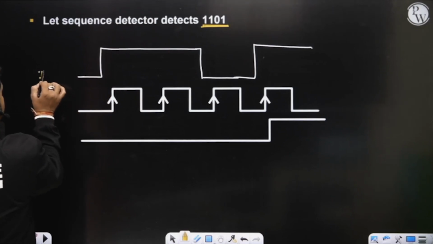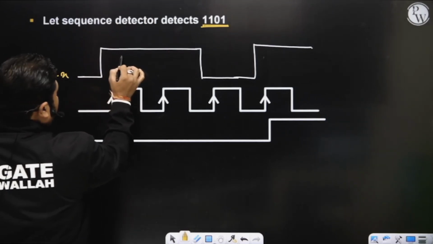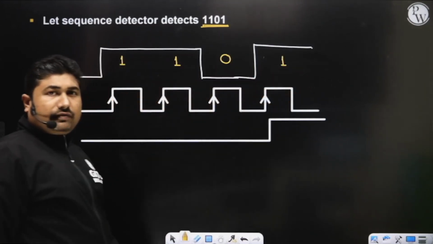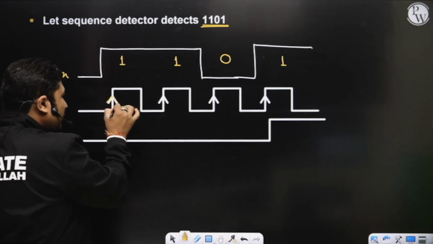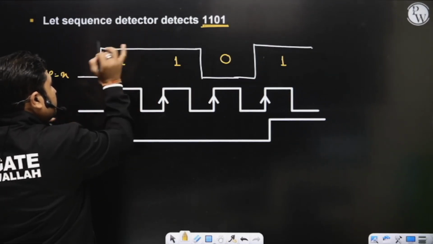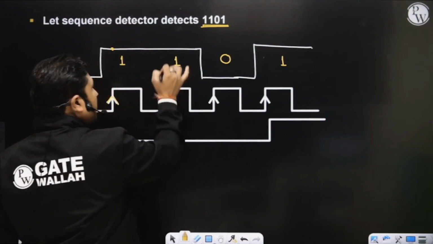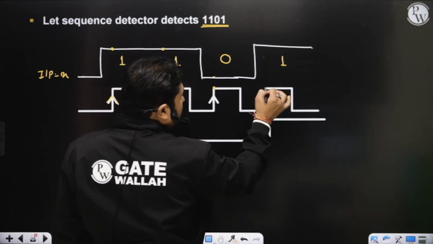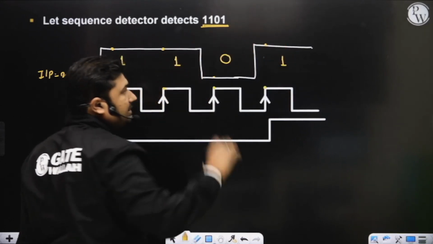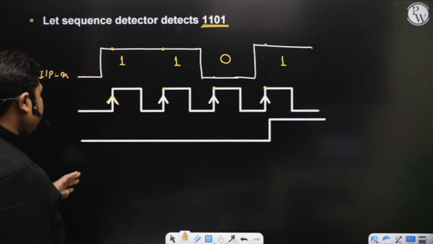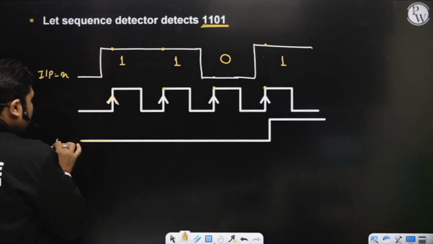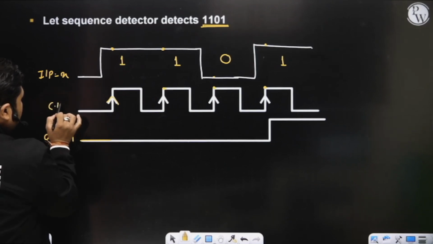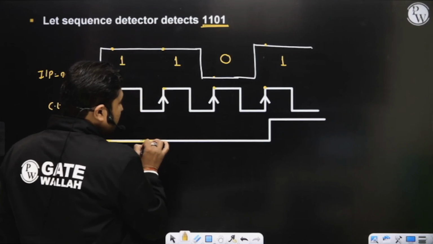So this is your input, that is X: 1 1 0 1. On application of clock, on application of first clock, input X is 1. On application of second clock, input X is 1. On application of third clock, input X is 0. And on application of fourth clock, input X is 1. Then it indicates output is set to logic 1 when the sequence is detected.